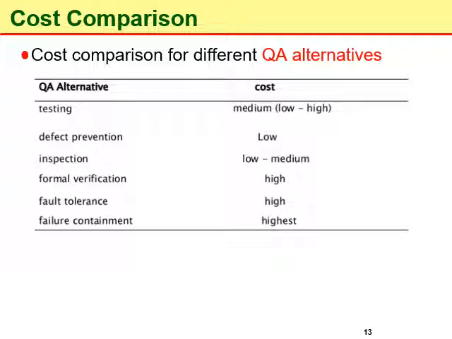Similarly, techniques such as inspection also have low to medium cost, whereas the costs for formal verification, fault tolerance, and failure containment are in fact rather high, and we see that failure containment actually has the highest cost of all of these quality assurance alternatives.